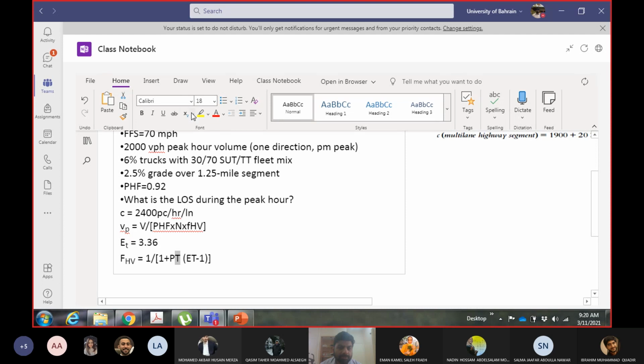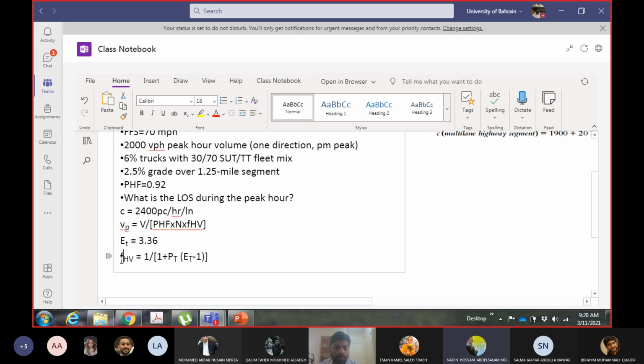We have 6% trucks and ET is 3.36. It's 0.876.